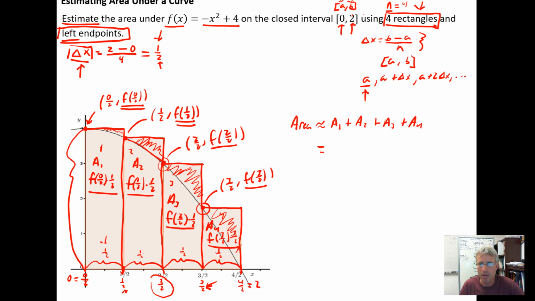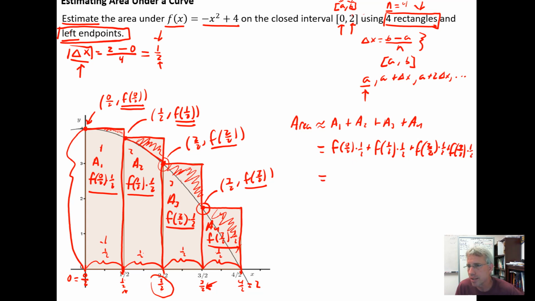So it's just a matter of replacing a sub 1, a sub 2, a sub 3, a sub 4 with the area calculation. So it's the height of the first rectangle times its width, plus the height of the second rectangle times its width, plus the height of the third rectangle times its width, plus the height of the fourth rectangle times its width. That's a 3 in there.